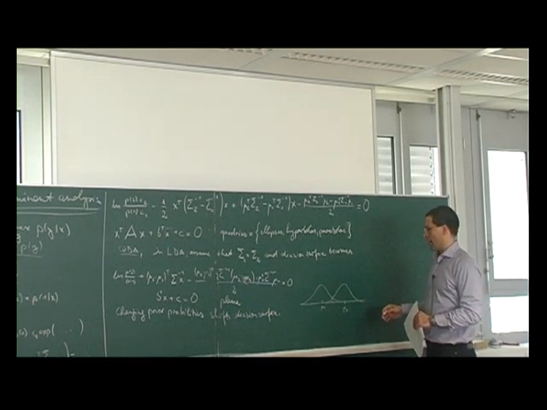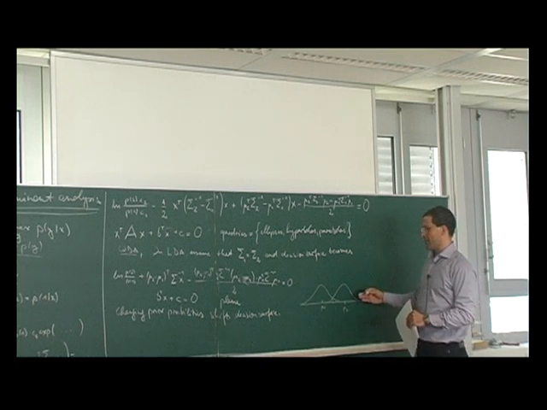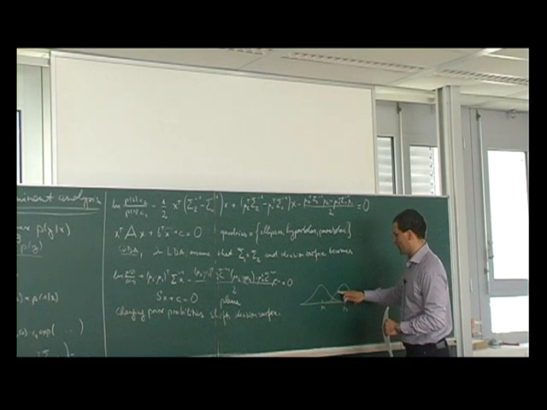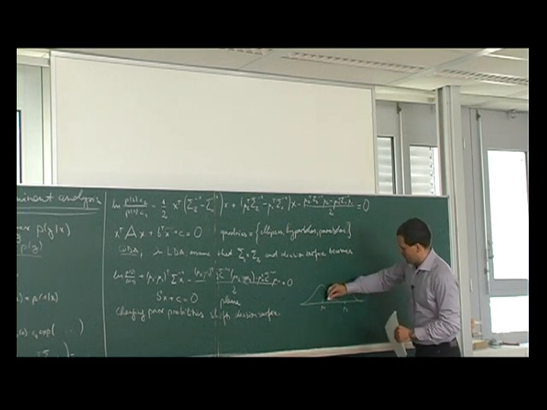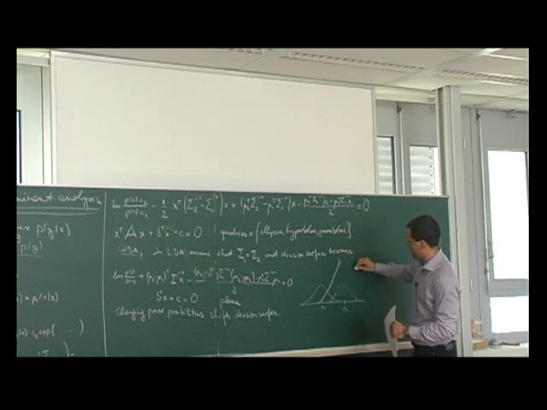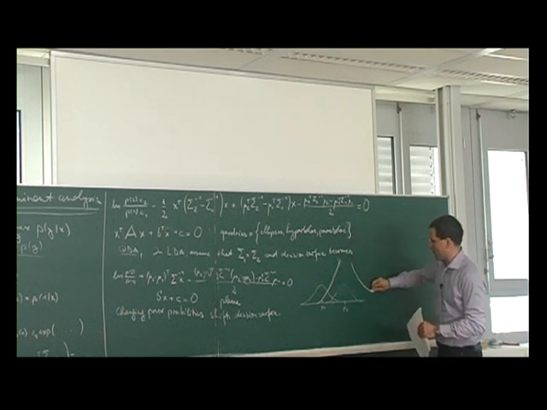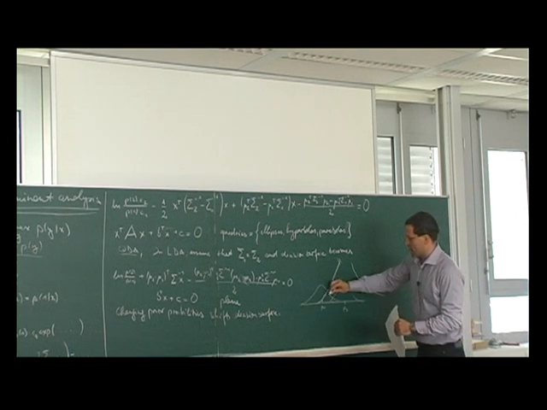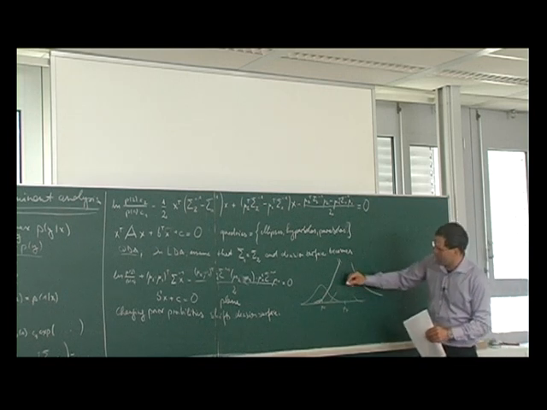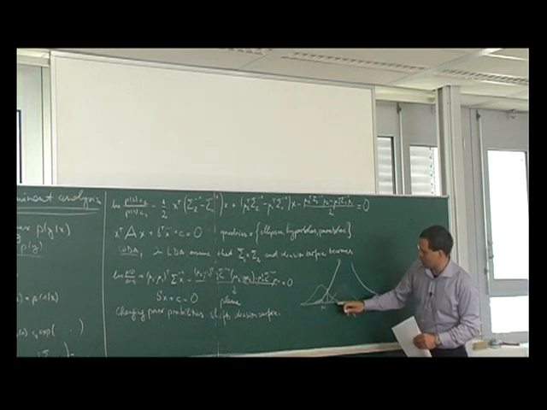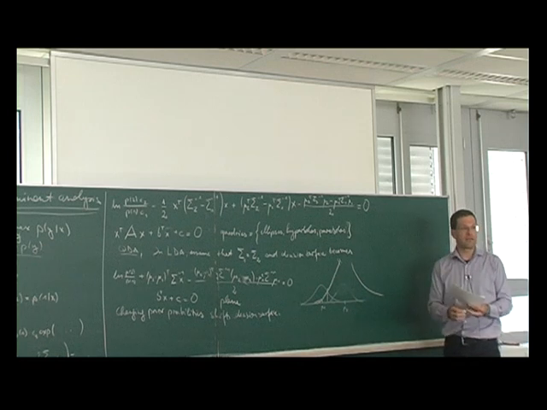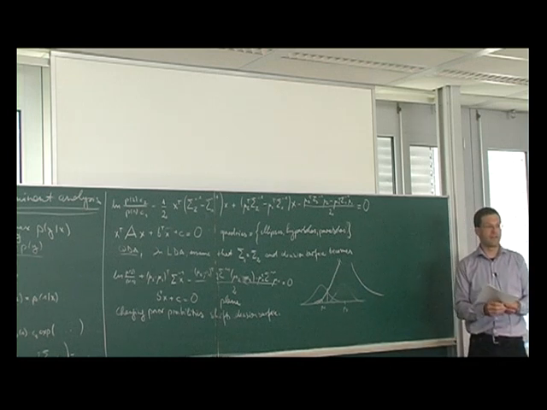If now I start increasing the weight of one class at the cost of the other, I will get a much larger Gaussian, and I have renormalized such that overall I get a probability of 1, and my decision surface now has been shifted from here to there. And the same thing in 2 dimensions or in any dimension.